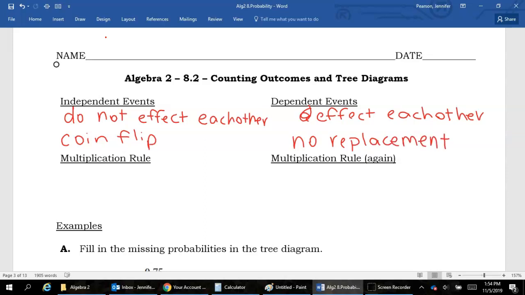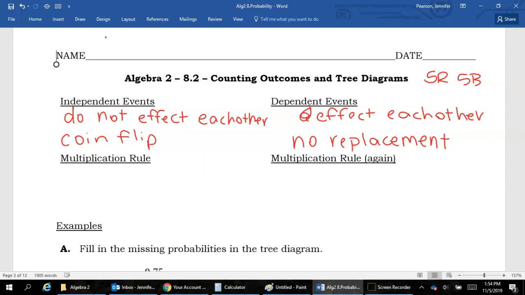So if I start with 5 reds and 5 blues in a bag of M&Ms, and I pull out a red M&M and I don't replace it, for my next event there would only be 4 reds and 5 blues. So that's going to change the possible things in the bag.